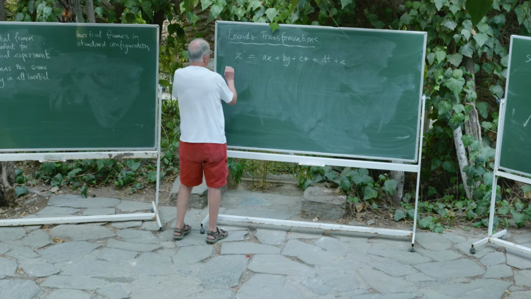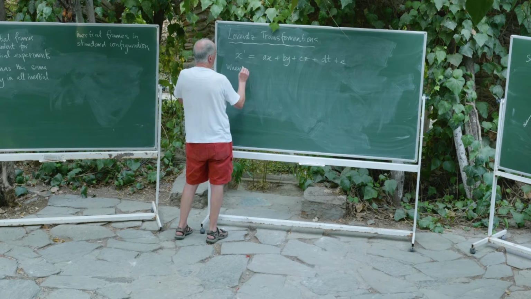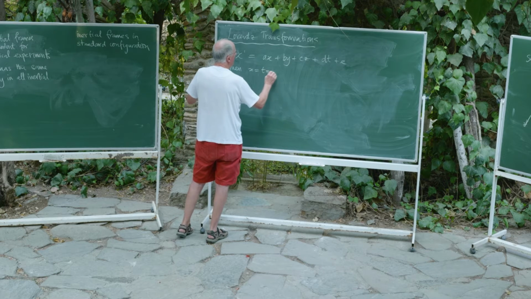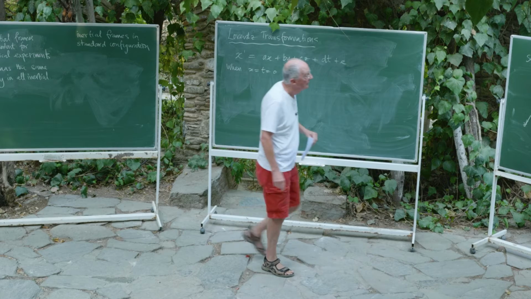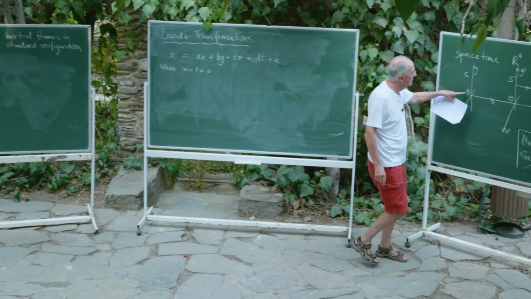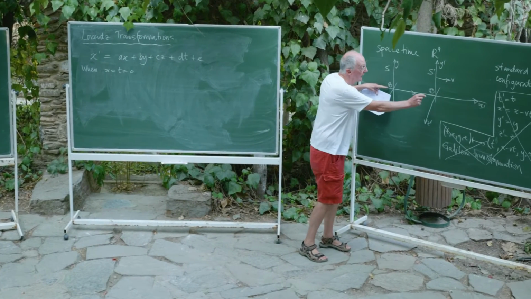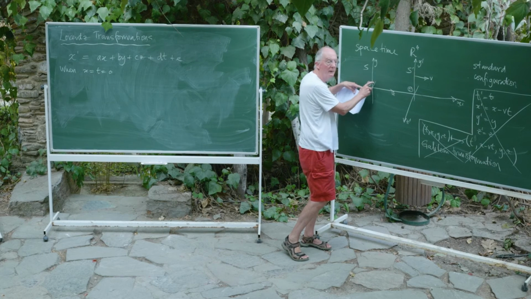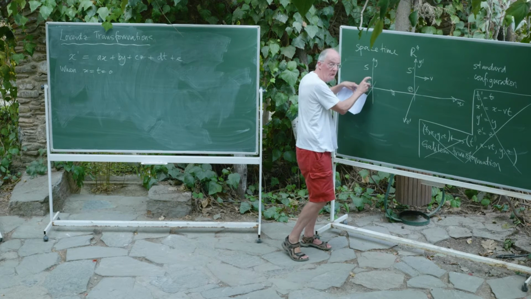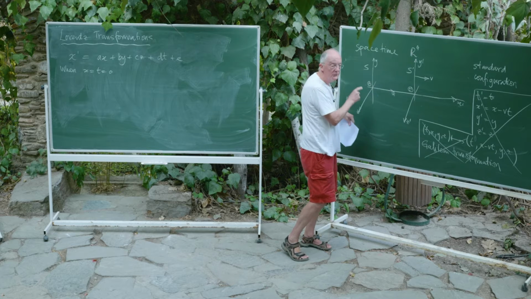Now, when x and t are both 0, remember when t was 0, that was when the two frames of reference, the two spatial frames, were coinciding. This one was here on top of this one.